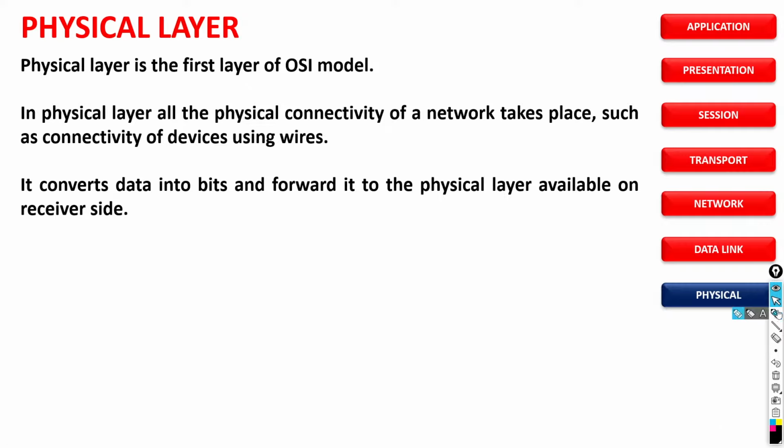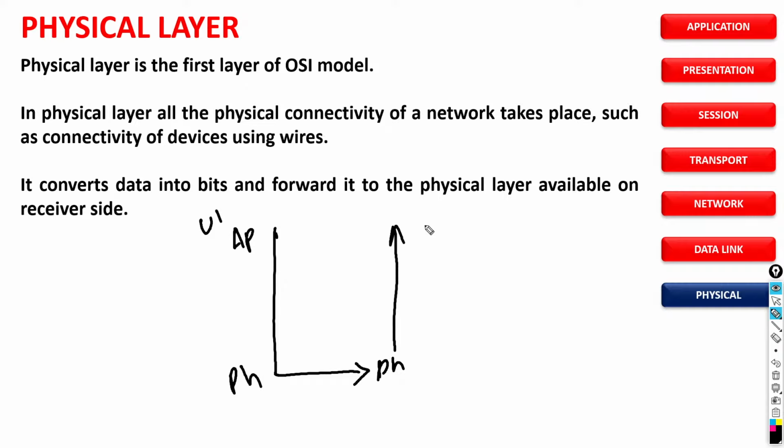For example, as I have told you, this is the seven layer OSI model. User 1 sends data from the application layer and it reaches the physical layer. The physical layer sends the data to the physical layer on the receiver side, and from there the data reaches the destination.